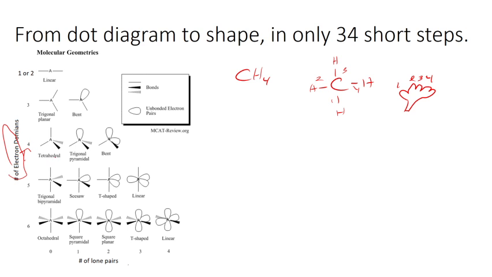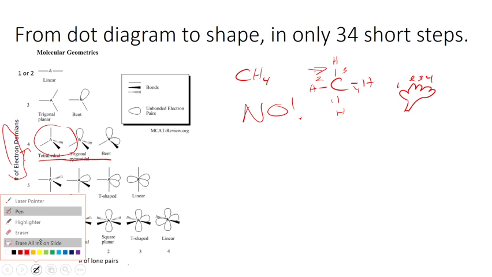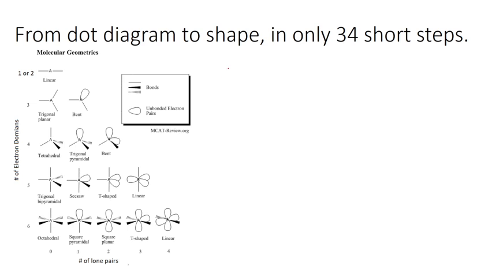And we see we have 4, which means it's going to be one of these 3. We look to see, is any of these electron domains a lone pair? The answer for that is no. And so, with no lone pairs and 4 electron domains, we have a tetrahedral shape. It's as easy as that.